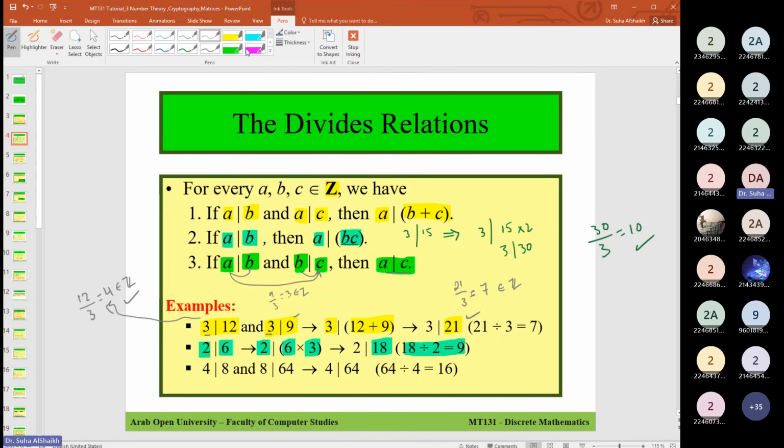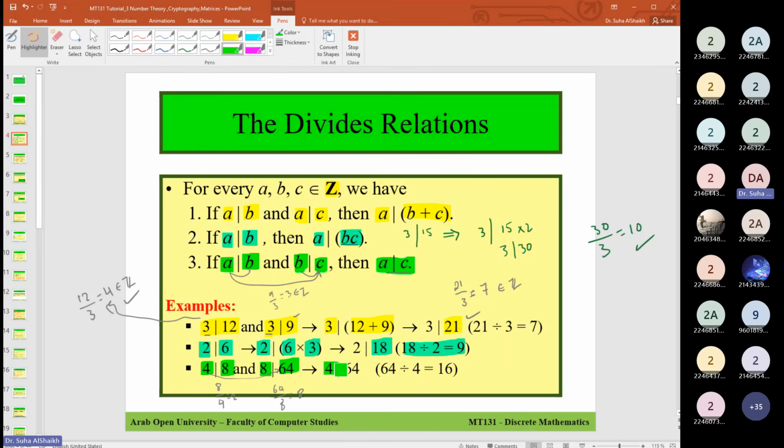Here we have the example. 4 divides 8 because 8 over 4 is equal to 2, and 8 divides 64 because 64 over 8 is equal to 8. So that means 4 must divide 64. We have a jump from 4 to 64 and that's correct.